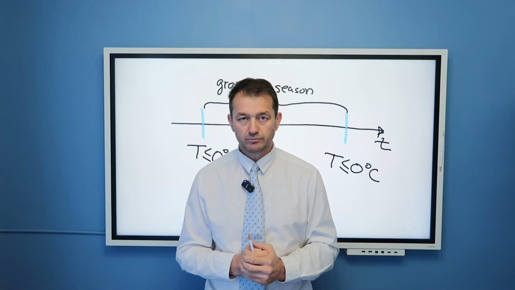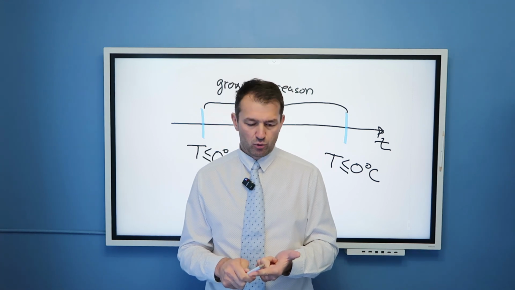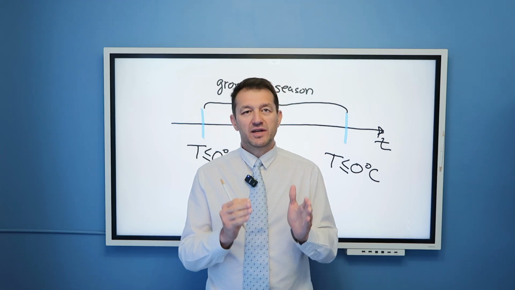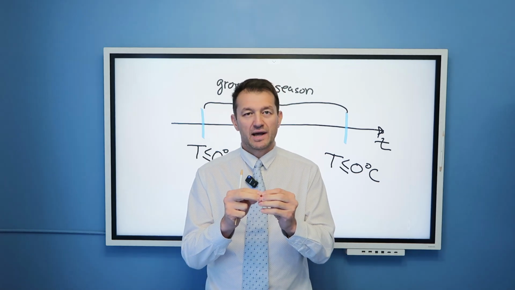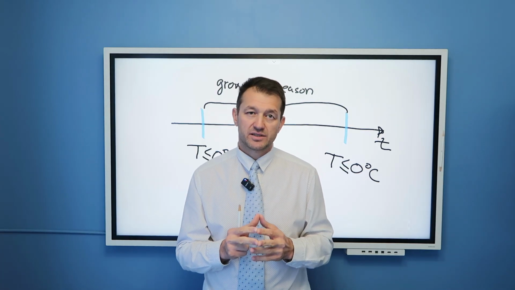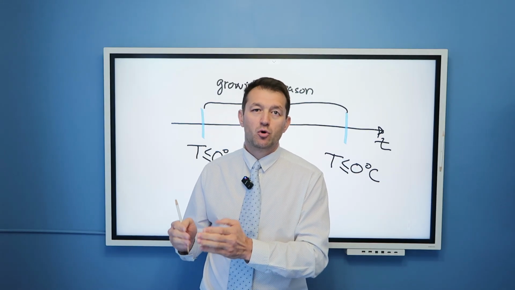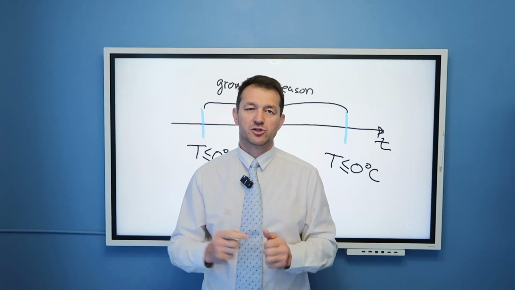Then number two, what also is important is the rate of freezing. When we have very sudden, quick, rapid freezing, then usually what happens, large ice crystals are formed, and these large ice crystals tend to damage plant tissues much more than small ice crystals that form when the rate of freezing is slow.